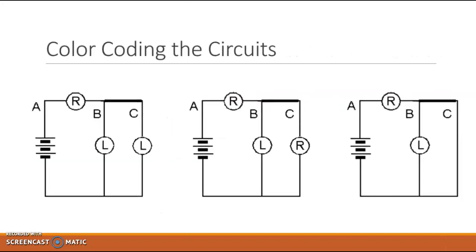Okay, what I'm going to do now is color code each of these circuits. These are circuits numbers 1, 2, and 3 on the sheet from left to right. We already color coded them a little bit together in the previous video. But what we see is that, as always, the top of the battery, the positive side, has the job of keeping that top wire, wire A, at a red pressure.